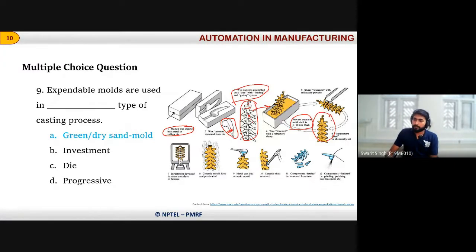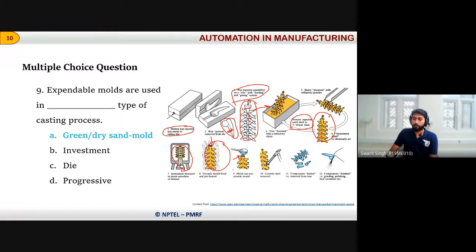After deposition of the slurry, we heat it in an autoclave or furnace so that the wax inside melts and comes out. Once the wax has melted out of the system, there is a hollow cavity.